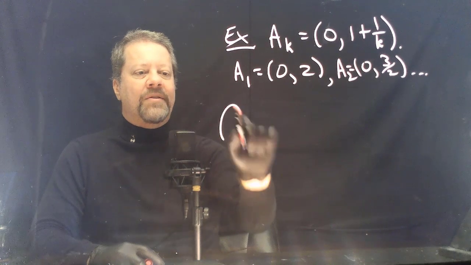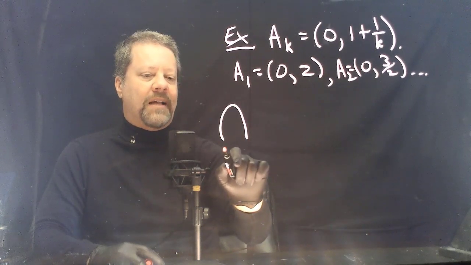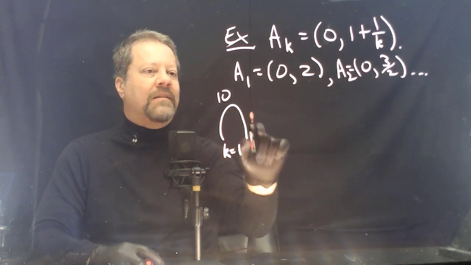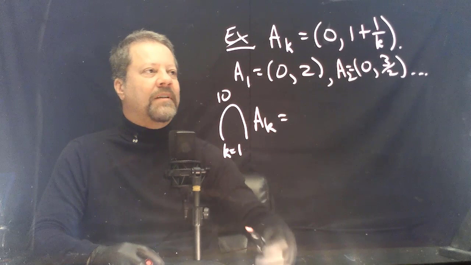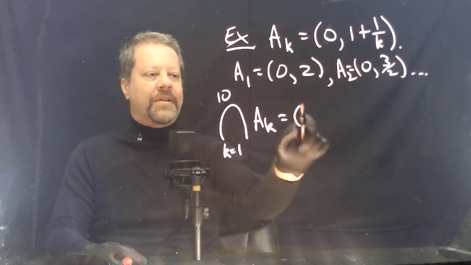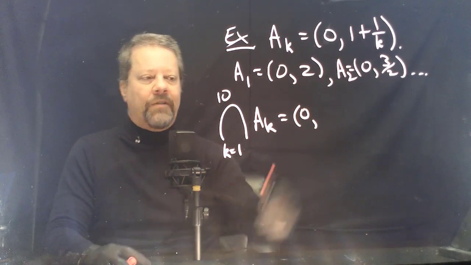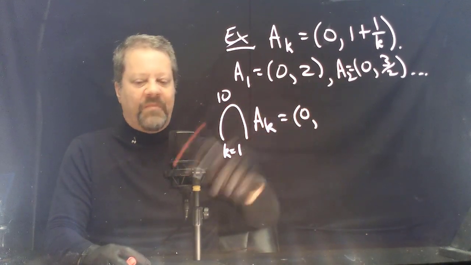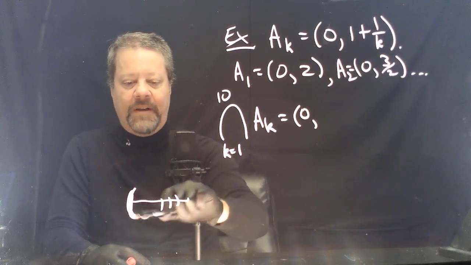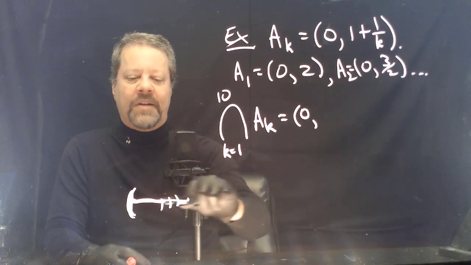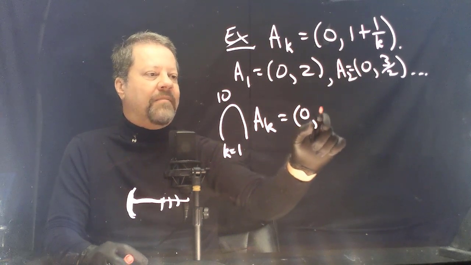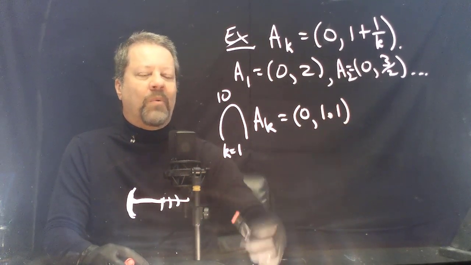What is the intersection as, let's say, k goes from 1 to 10 of these A sub k's? Well, these intervals are getting shorter and shorter. The left endpoint is the same for all of them. So because these are getting shorter and shorter with the same left end, the intersection will just involve the very last one, which is A sub 10, from 0 to 1 plus a tenth. That's 0 to 1.1.